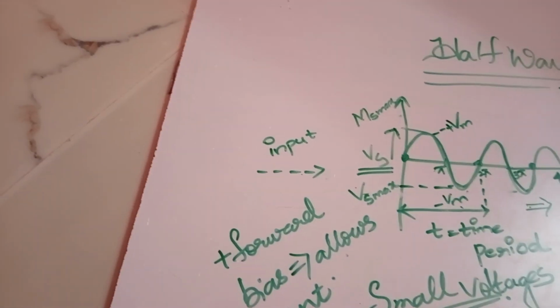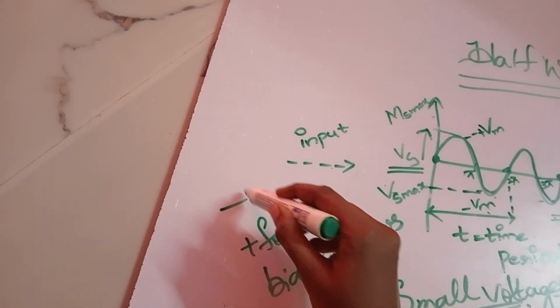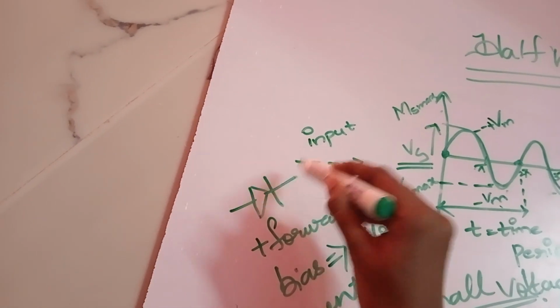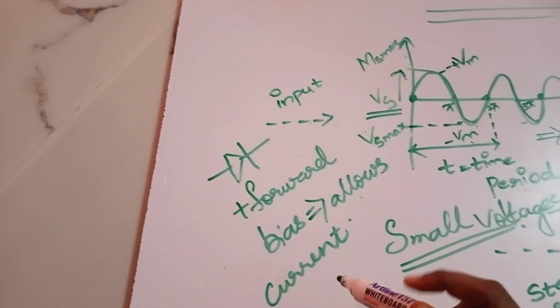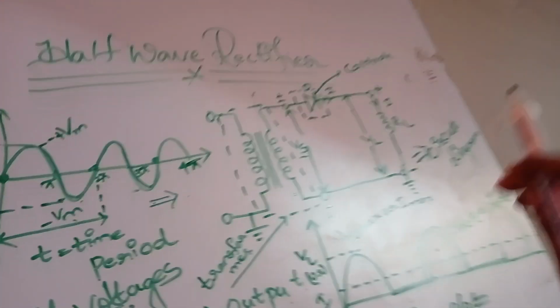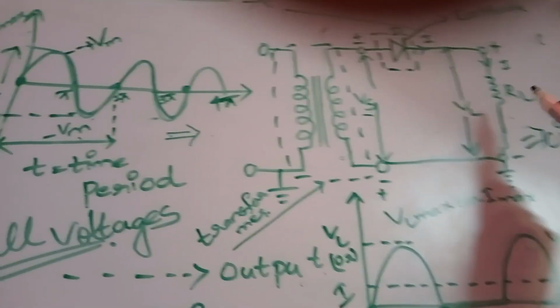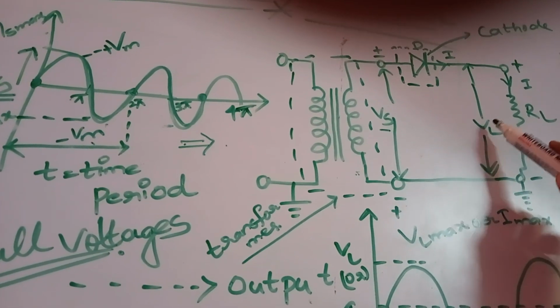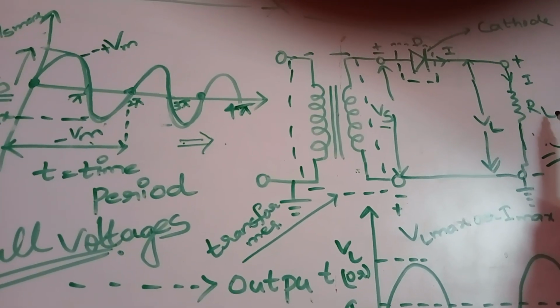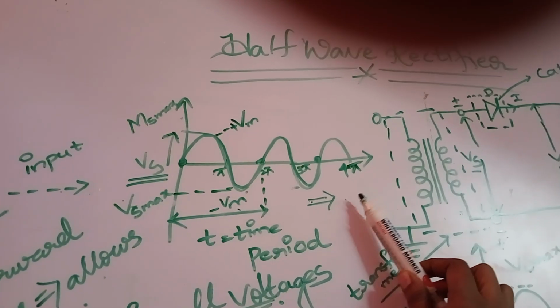Forward bias current, the diode will allow. In reverse bias, it will not allow any current, right? So depending upon the characteristics of the diode, we will get the output here, right? We will collect the load voltage across RL. So this is the voltage we are getting.